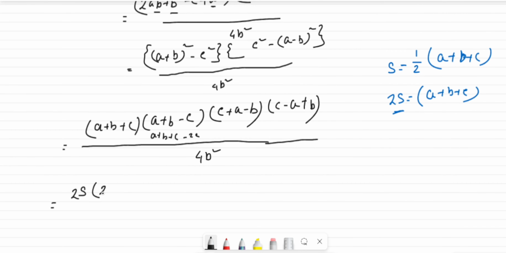Similarly, c plus a minus b is c plus a plus b minus 2b, so this would be 2s minus 2b.